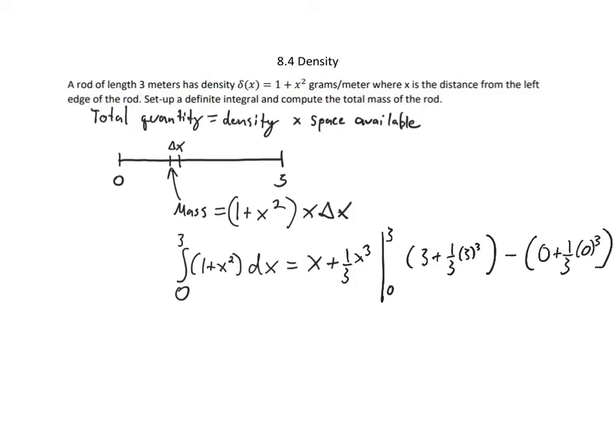And on this side, we'll get 12 minus 0, which is 12. And since we're talking about mass, we should certainly include the units here. Our units, if we're talking about mass, in this case is grams.